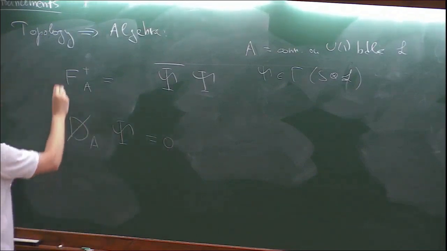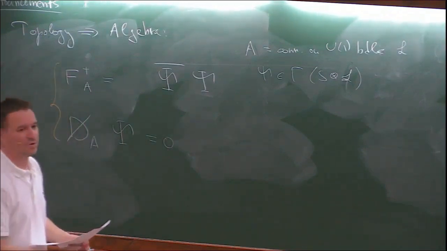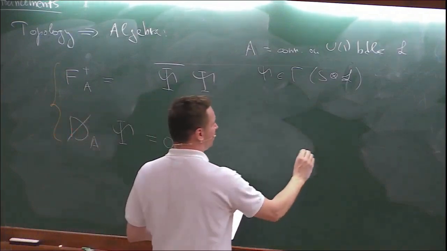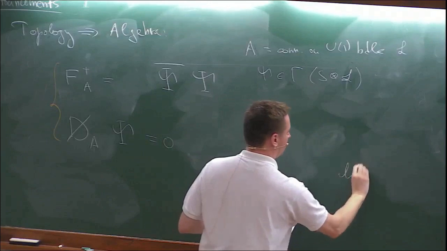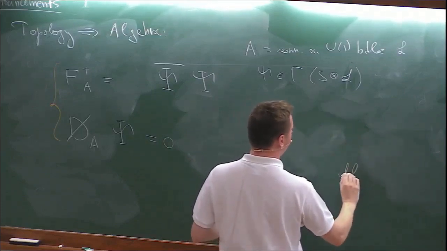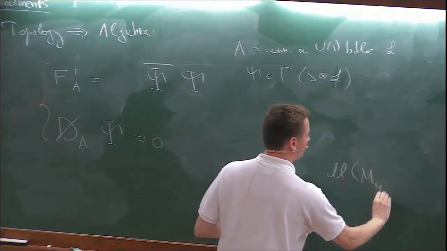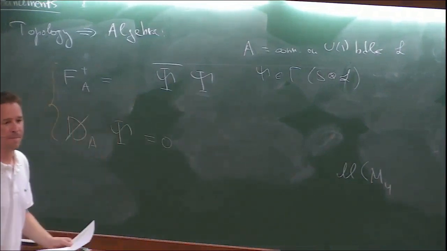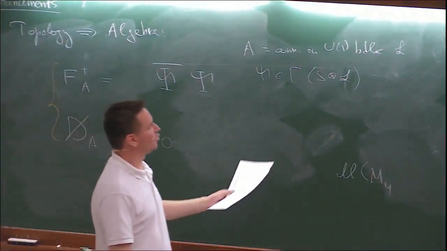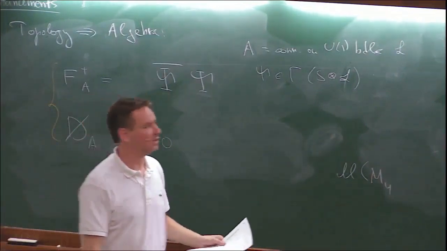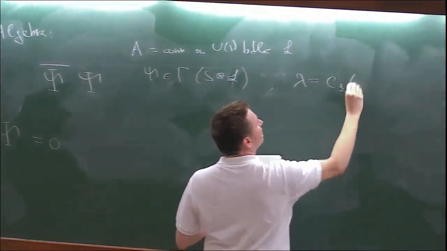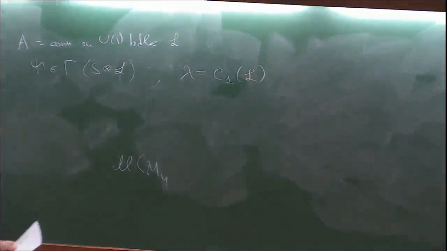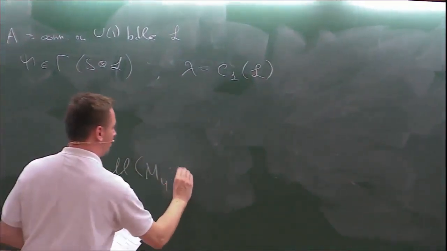Okay? So if you have such a system, then what you usually do is construct the moduli space of solutions to these equations. It depends, of course, on the choice of a four-manifold M4, but it also depends on the choice of topological class of our bundle. If lambda denotes the first Chern class of our line bundle L, then it will also depend on lambda.